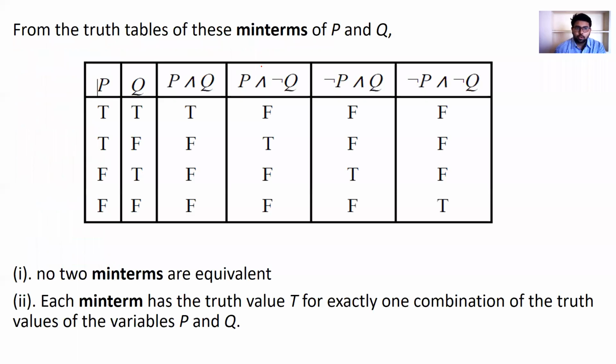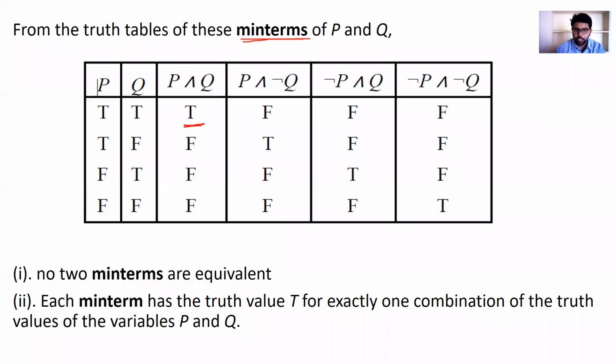So this is a truth table for minimum terms. The true value for each minimum term will appear once, for one combination. See this, P and Q has only one true value and the remaining will be false.